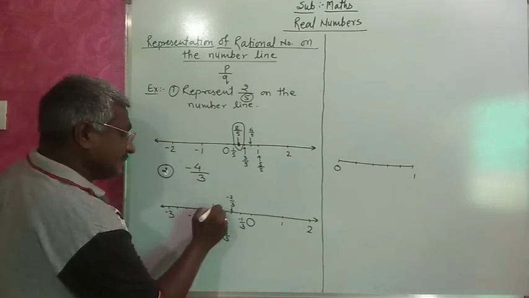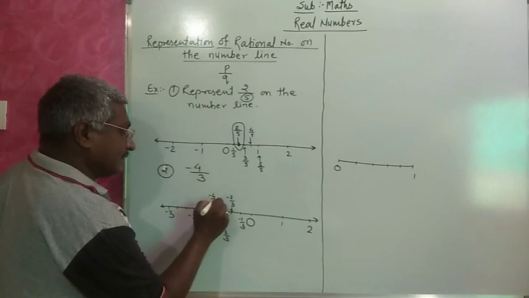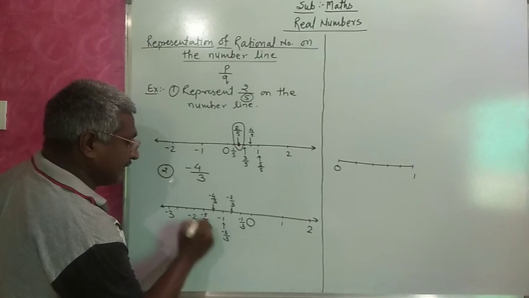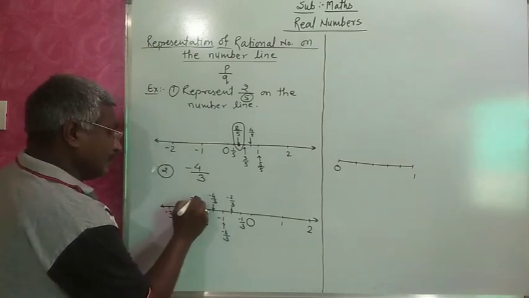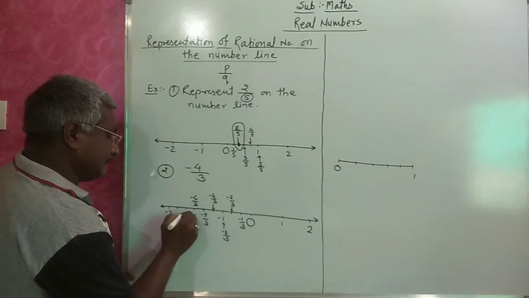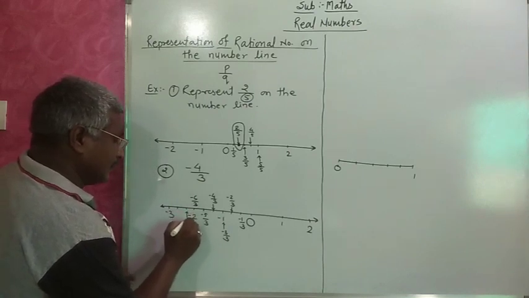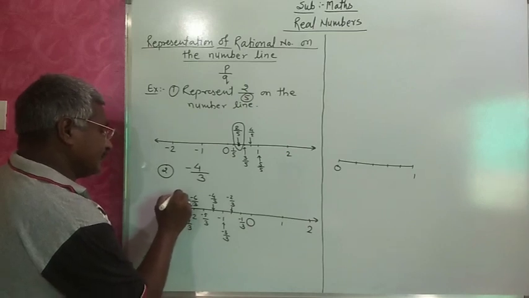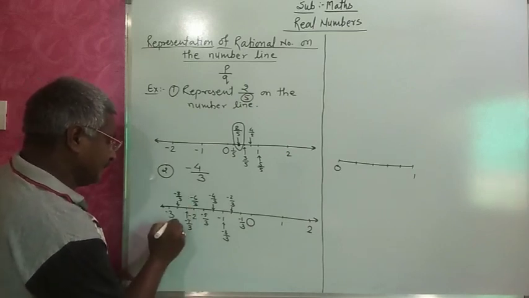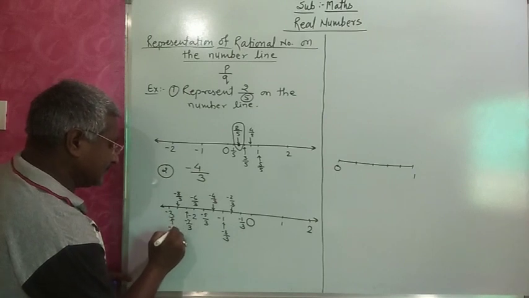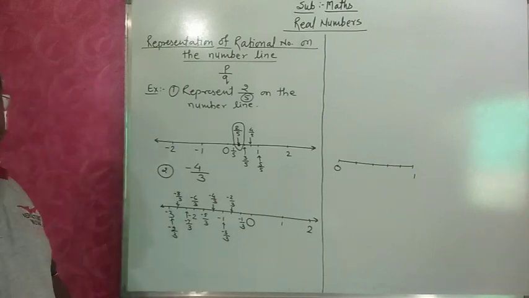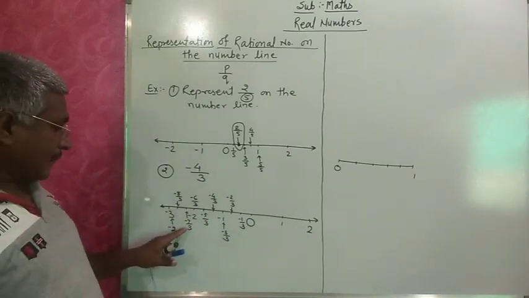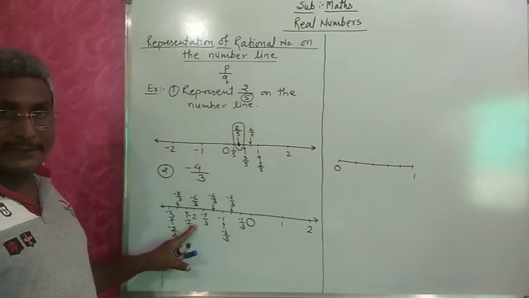And this is minus 4 by 3, minus 5 by 3, minus 6 by 3, minus 7 by 3, minus 8 by 3, and minus 9 by 3. Minus 9 by 3 means minus 3. Minus 6 by 3 means minus 2.